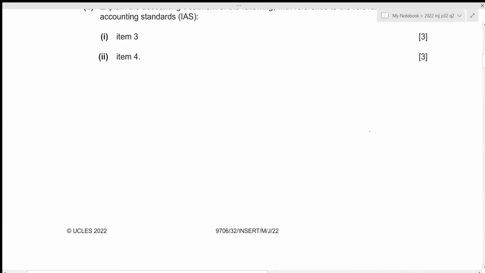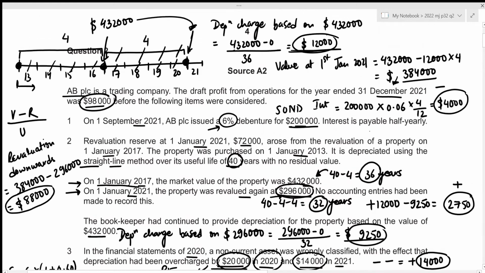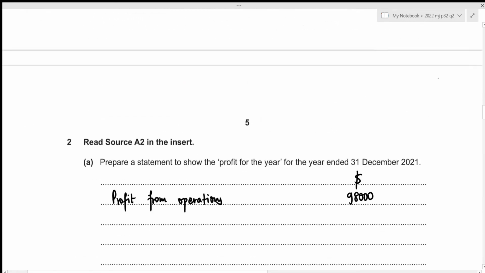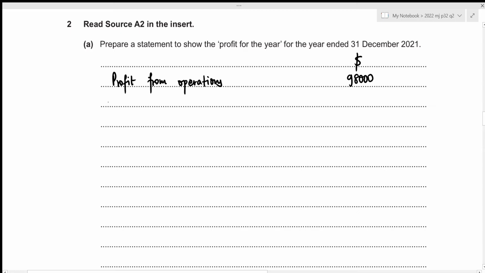Now, from the first information, we have already figured out that we only need to charge the interest for 4 years, which was of 4,000, and interests are always to be subtracted. So let's subtract this amount of 4,000. That will be debenture interest of 4,000.